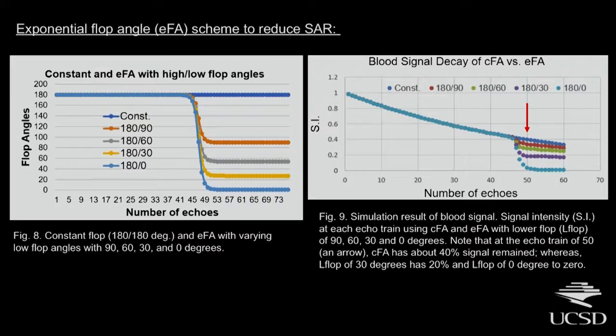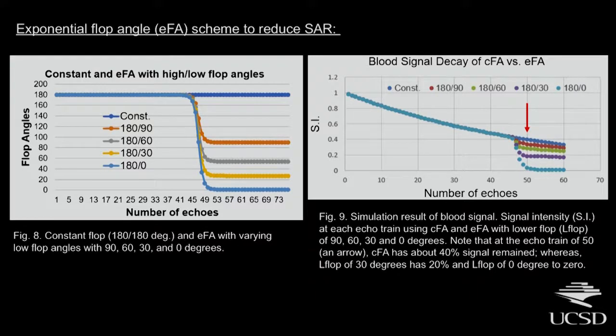Using parallel imaging can bring it down a little bit too. So we use a high flip angle until about the 49th or 50th echo, so that your flip angle is high when you catch the fast flow at maximum flip angle. Then in the periphery of the k-space, you can lower it so you can reduce the SAR.